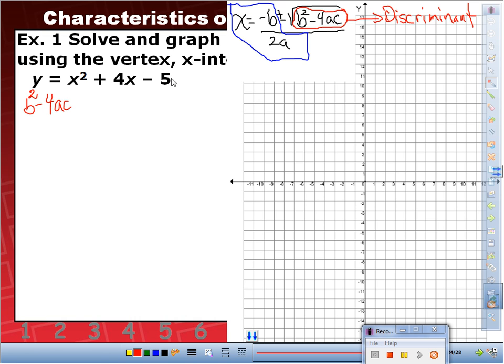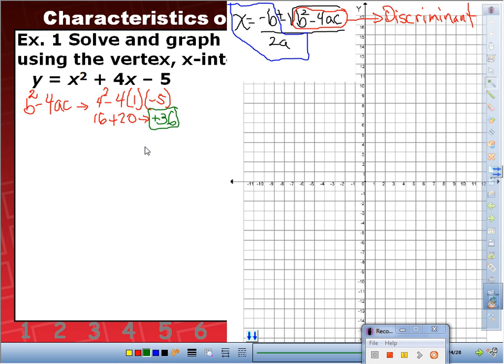What is C? -5. So check this out. This becomes 4 squared minus 4 times 1 times -5. What is 4 squared? 16. -4 times 1 is -4, times -5 is positive 20. And at the end, it gives us a number which is positive 36. I'm going to do that in green so you can see that it's a positive 36.